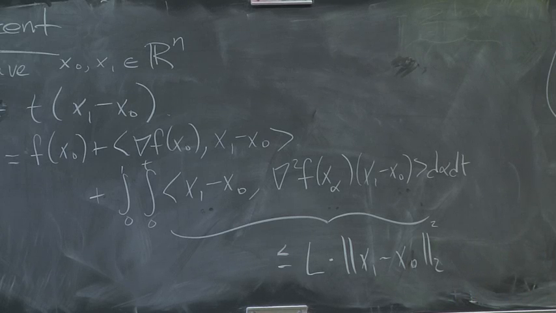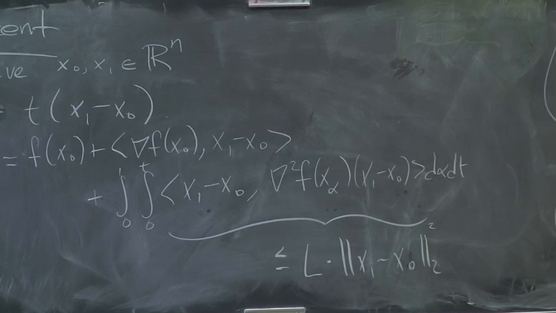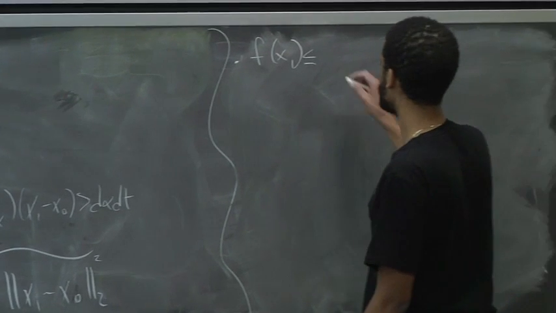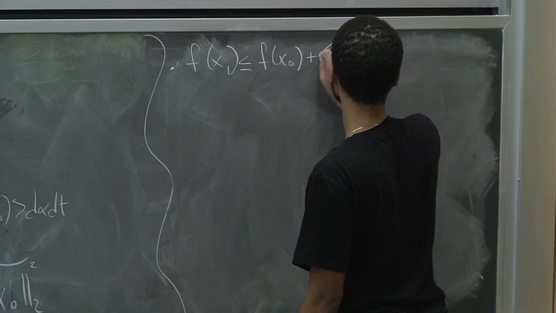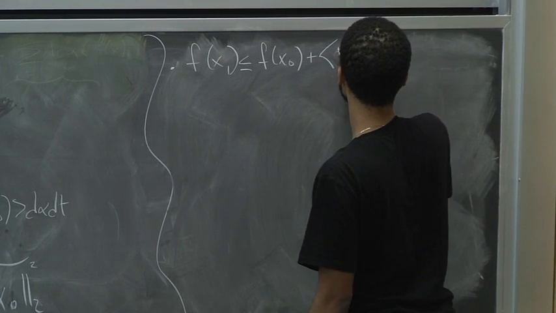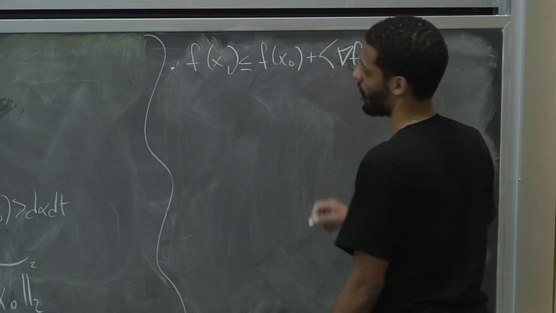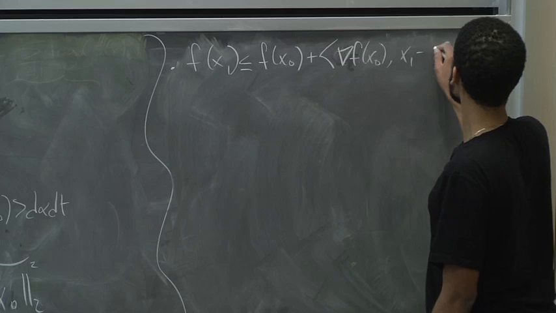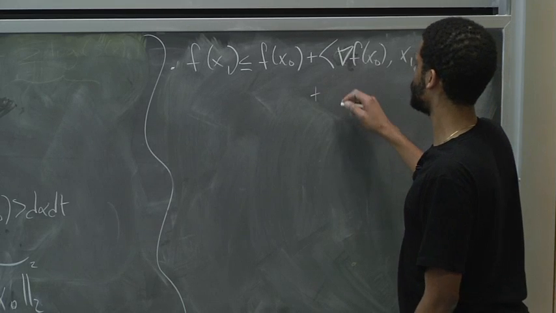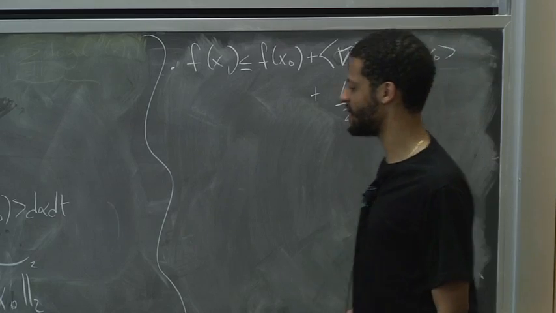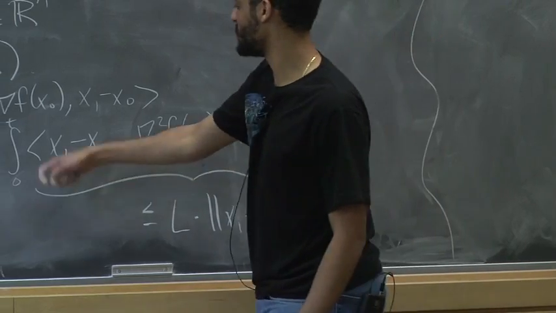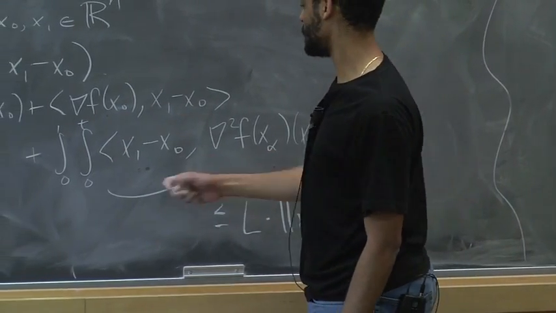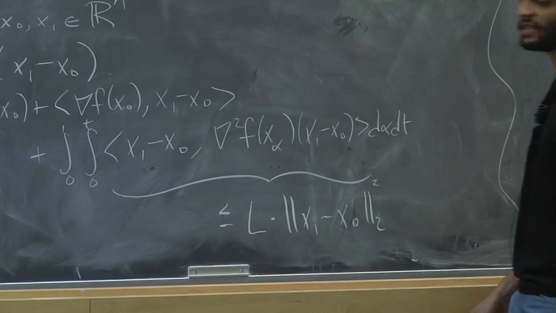Good. So what we have is that f of x1 is at most f of x0 plus the gradient of f at x0 dotted with x1 minus x0 plus L over 2, because now we need to integrate this expression from alpha going from 0 to t and t going from 0 to 1.